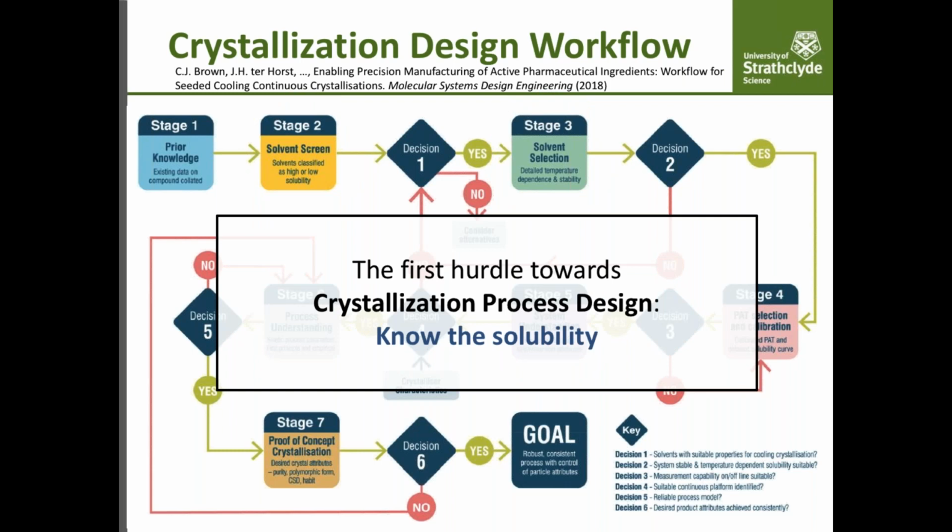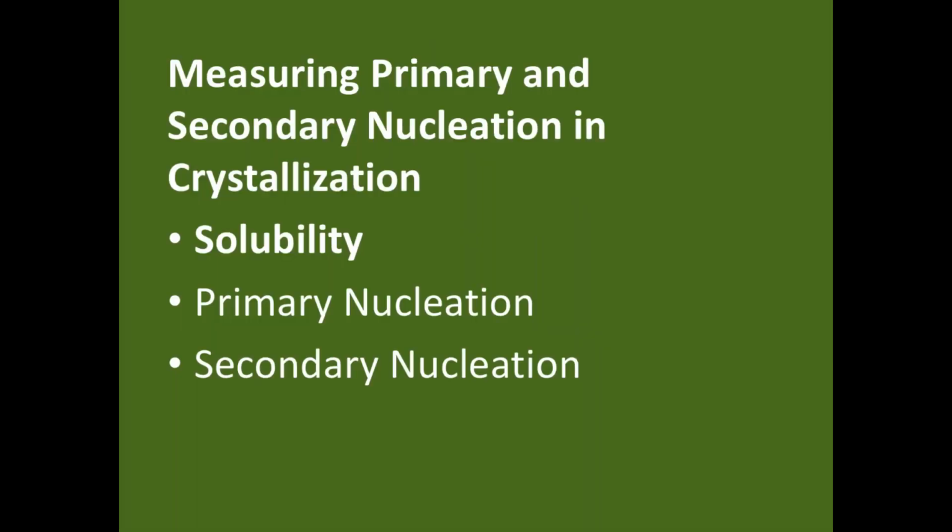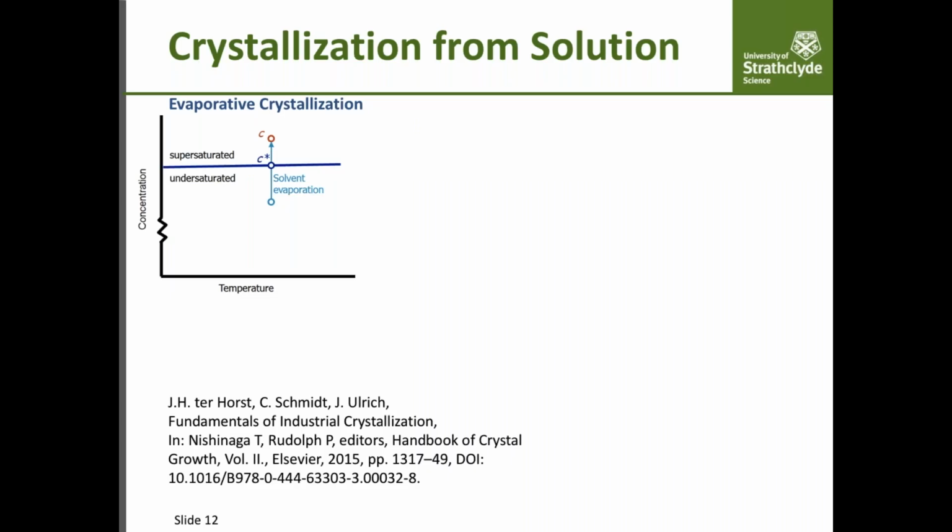The first thing to do to come to a good crystallization process design is to know the solubility. So how to measure solubility? Let's focus on crystallization from solution, where we have a number of crystallization methods. For instance, evaporative crystallization, where you evaporate the solvent to increase the concentration.